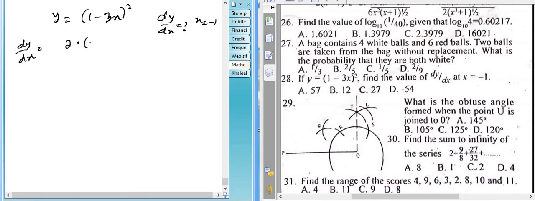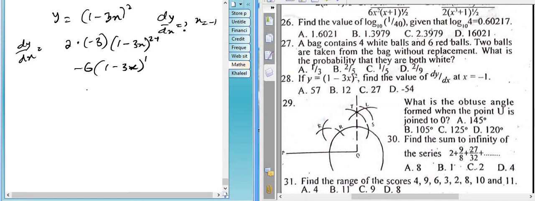The differential of this one is going to be -3, and subtract 1 from the power, so that's (1 minus 3x) power 2 minus 1, which is equal to -6 into (1 minus 3x) all power 1.